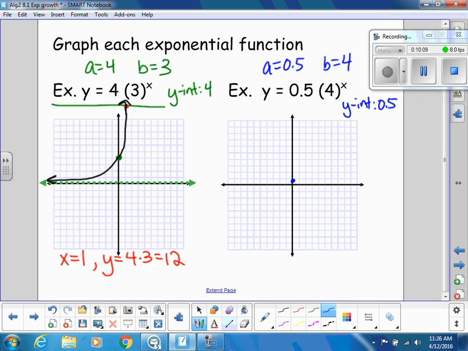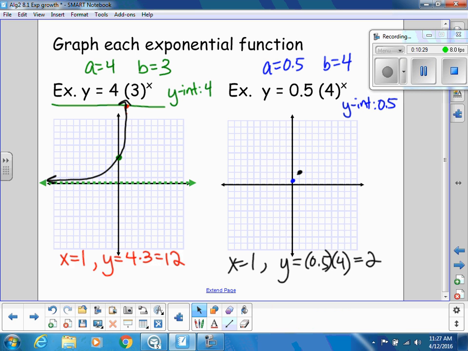And then when x equals 1, my y is going to equal A times B. So that's 0.5 times 4. So what's half of 4? That's just 2. So when x equals 1, y is 2. 1, 2. Okay. And then we know that it's not going to go below 0. So now I've got my 2 points. It's going to be really flat by the asymptote and then curve up.